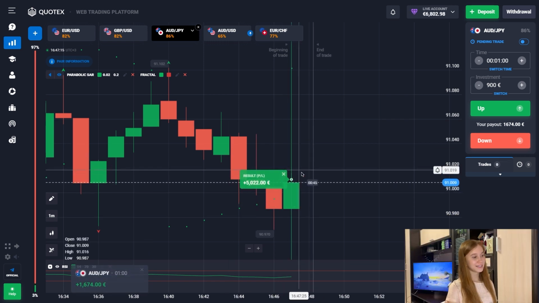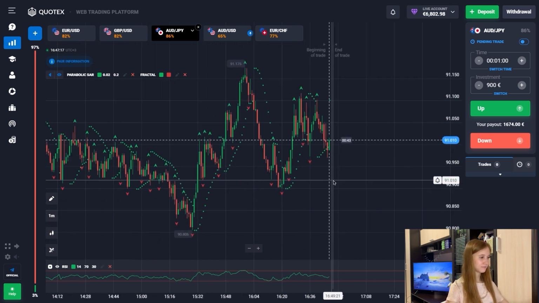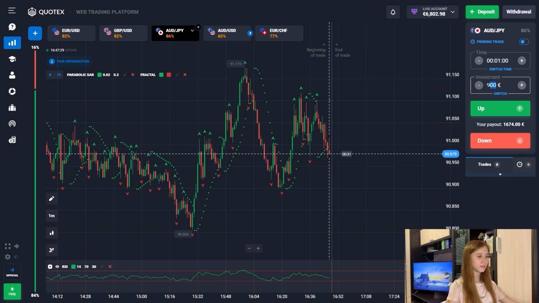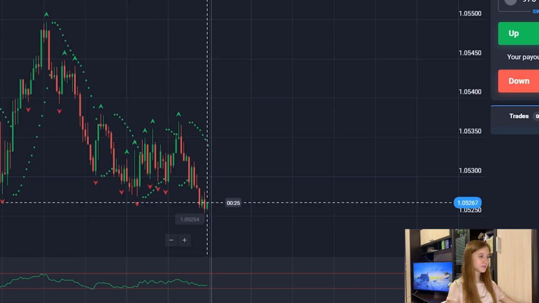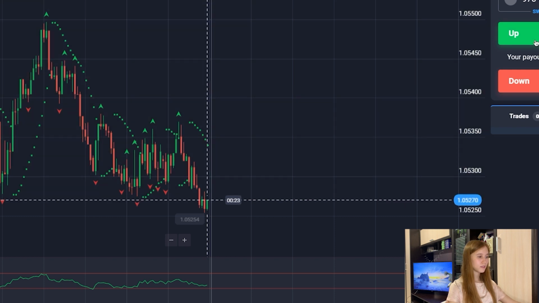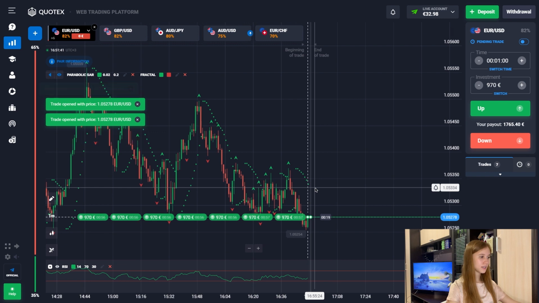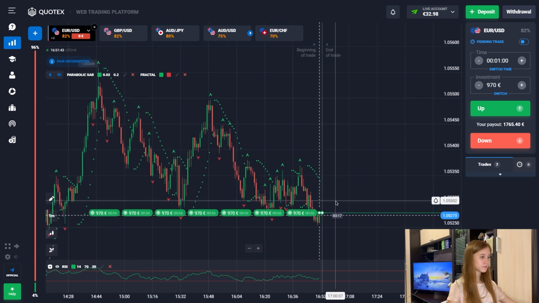And we take the deal in plus. So in total, there are 6,800 euros on the balance. I think we can still open deals, and we will open them at 970 euros. We opened 7 deals for an increase.